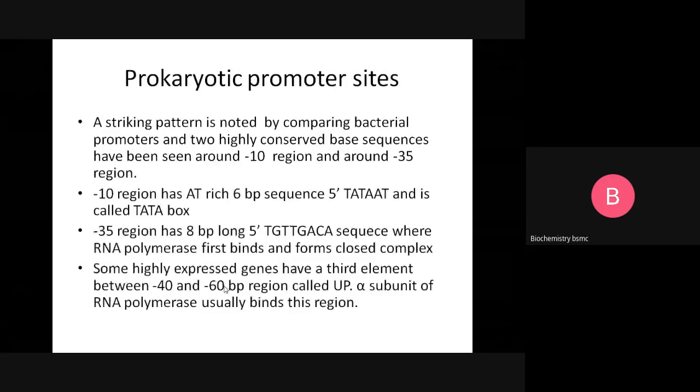As in the diagram we have shown, two alpha subunits are there, and they bind with the upstream element. That means it helps in binding at a much more distant location. Initial binding, thereafter the polymerase slides. Other than the beta prime, one of the very important roles of the polymerase is to search for the initiation site.